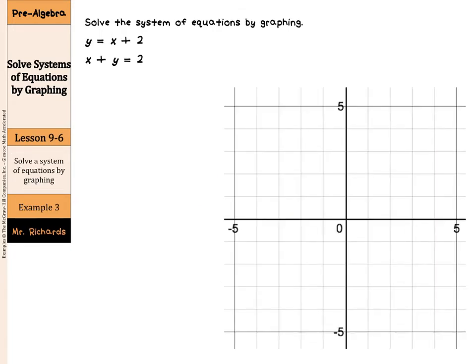And in our third example of solving a system of equations by graphing, our first equation, y equals x plus 2, is already in slope-intercept form. However, x plus y equals 2 is not.